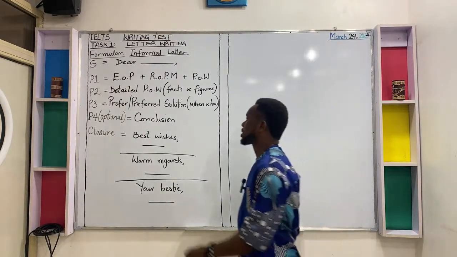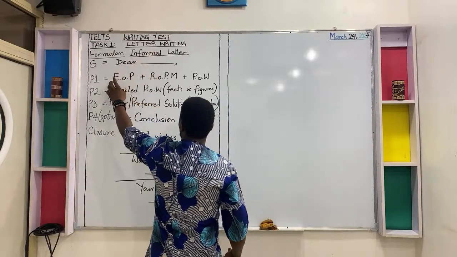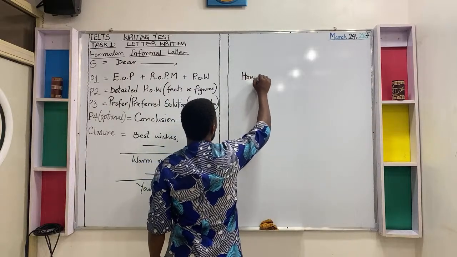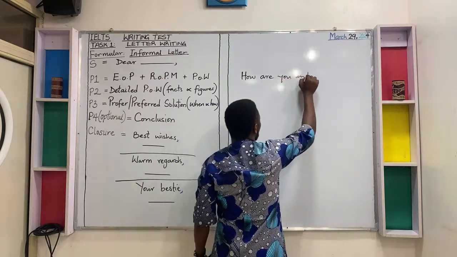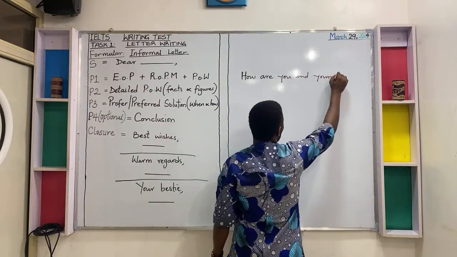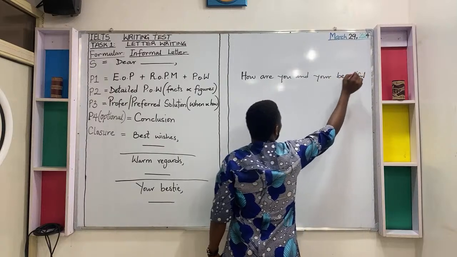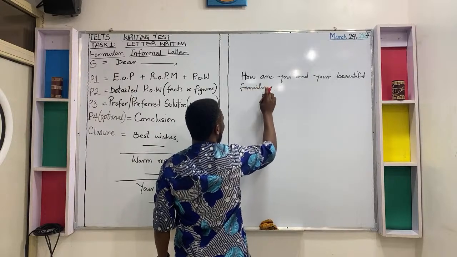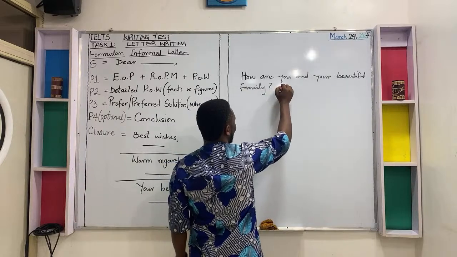So you start by saying, Dear CJ or Dear AY, how are you? And your beautiful family? What do I end it with? Question mark.